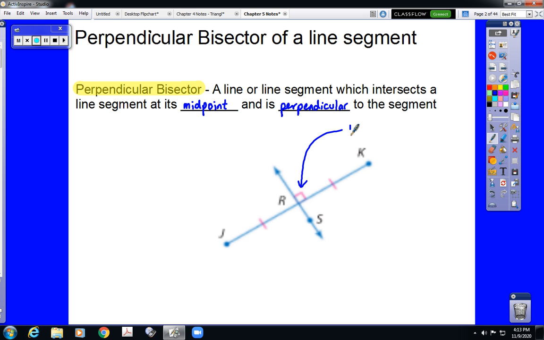We have to see some sort of indication that line RS is perpendicular to segment JK. That perpendicular means intersecting at a 90-degree angle, and it is extremely important in terms of the special property that this line will have. We also have the markings that indicate there that JR is congruent to RK because they're each marked with one mark.